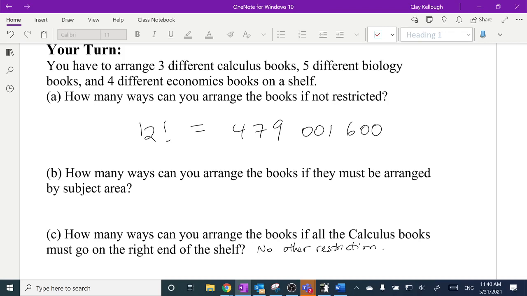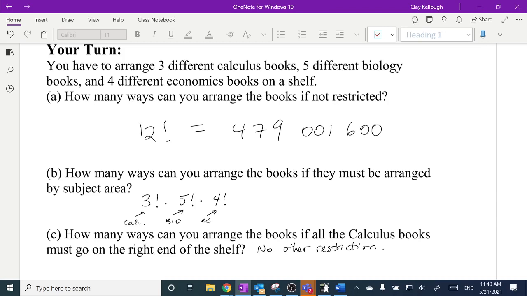Okay, so here's the way it works. In the calculus, you could arrange the books 3 factorial ways. And then in biology, you could have 5 factorial ways to arrange the bio books. And then in the economics books, there's 4 factorial ways.